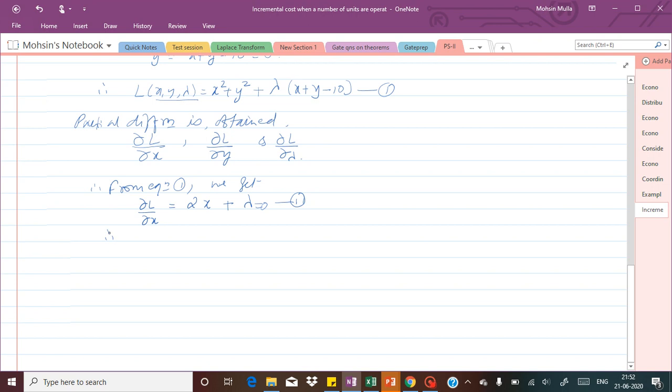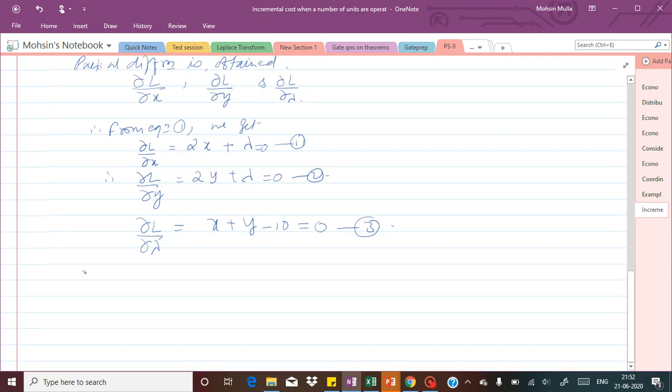Similarly we can obtain dou L by dou y equal to 2y plus lambda equal to 0, that is equation number 2. Similarly dou L by dou lambda will be equal to x plus y minus 10 as it is, into 1. So this is what we are going to get, and this is equal to 0 again. This is equation number 3.